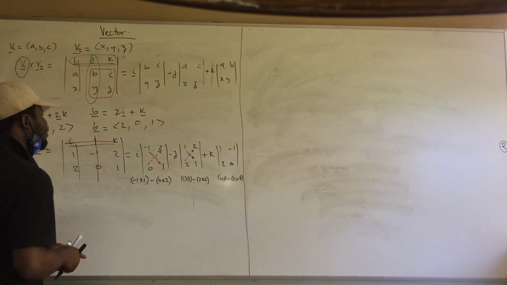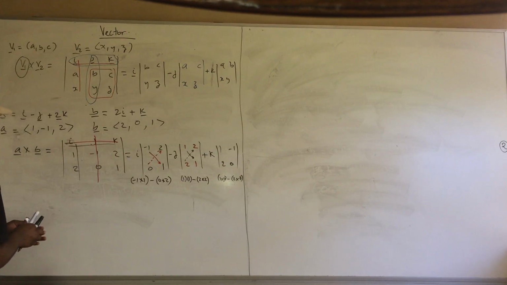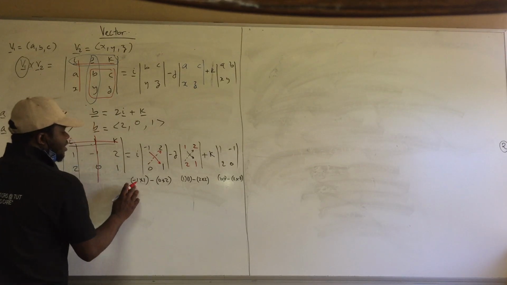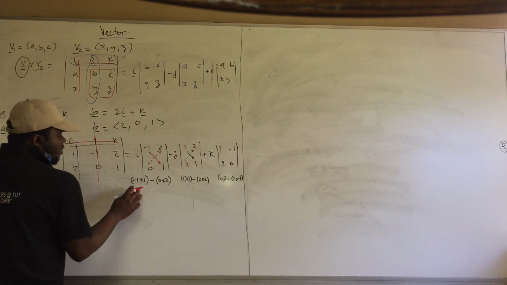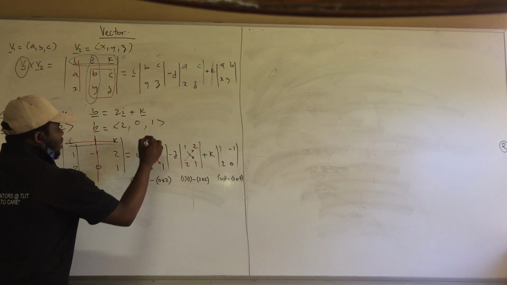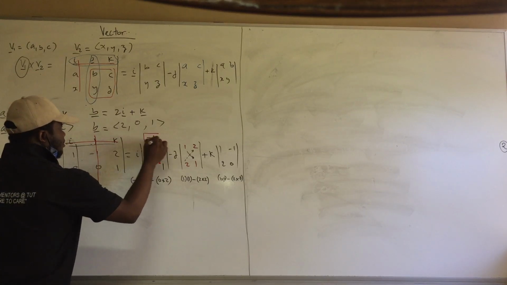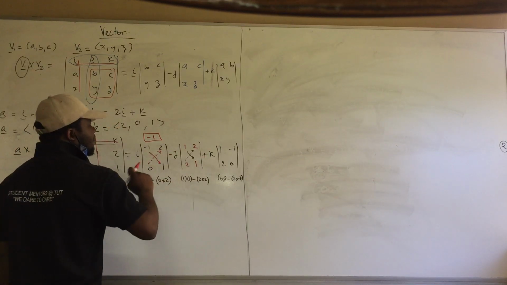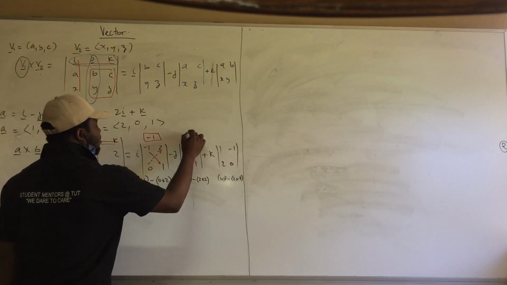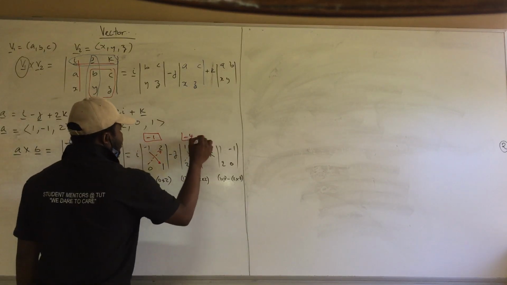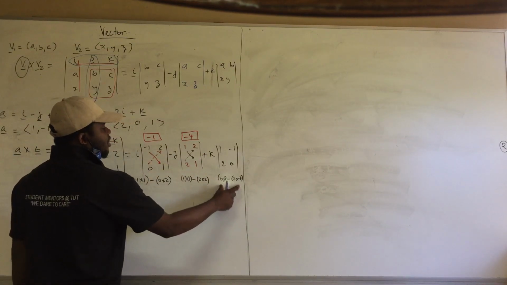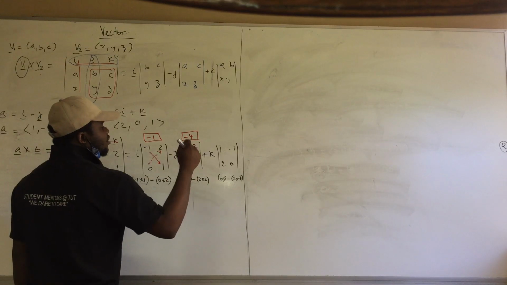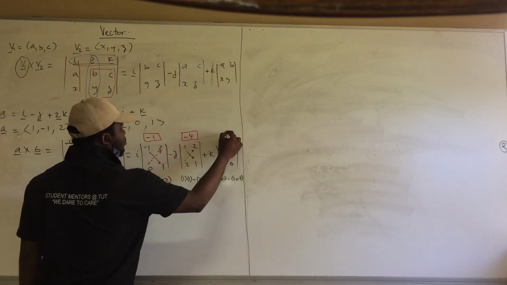Basically, minus 1 times 1 is minus 1, and this one is 0, so I have minus 1 here. This one is 1 minus 4, which is minus 3, no, as written, minus 4. And this one is 0 minus 2, which gives plus 2.